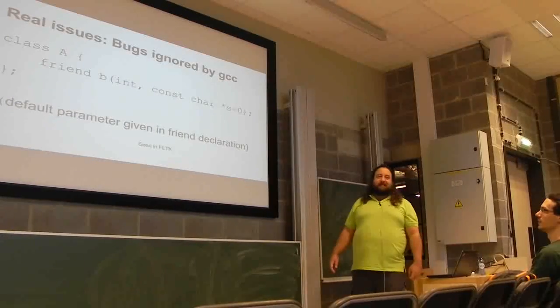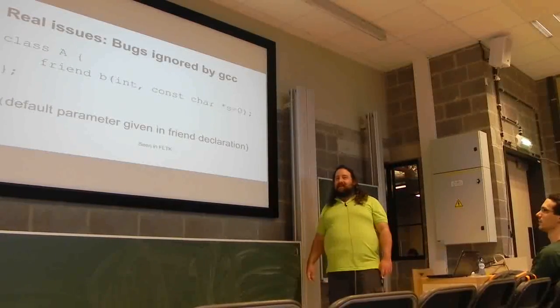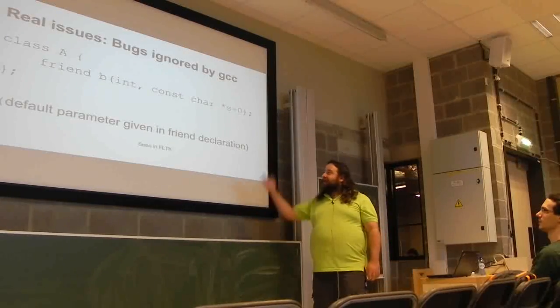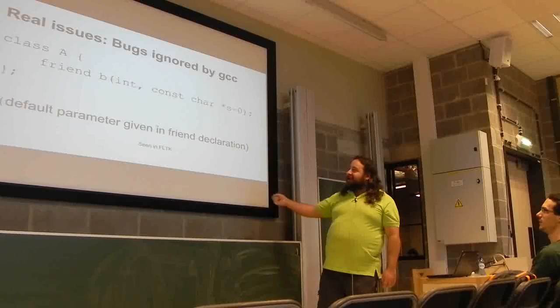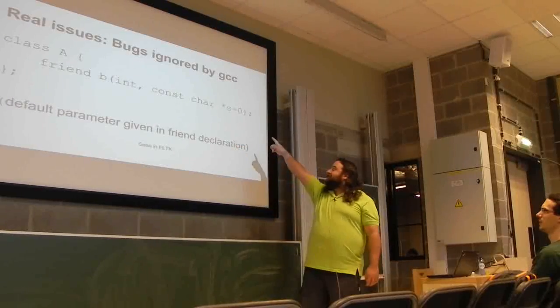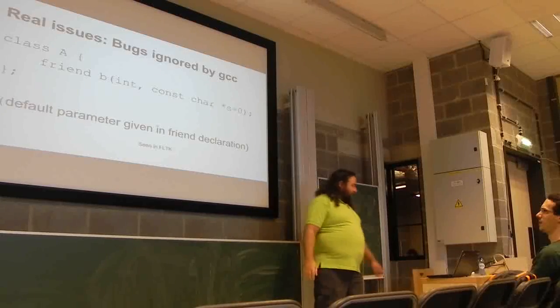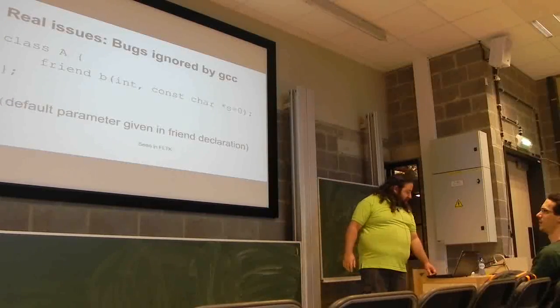So, other than that, we found a lot of real bugs in code that GCC just happens to ignore. Like this piece of code where there's a friend declaration that already declares the default parameter instead of leaving that to the implementation or the header implementing the function.